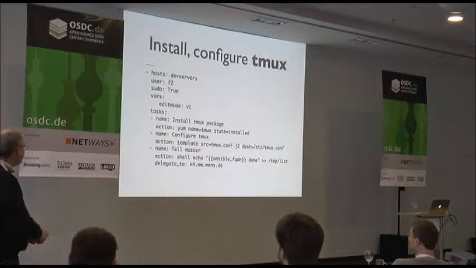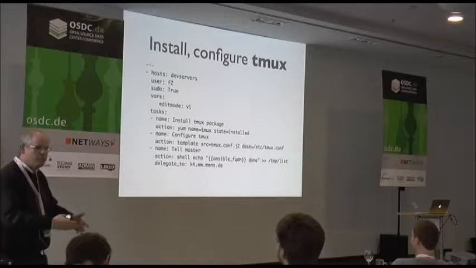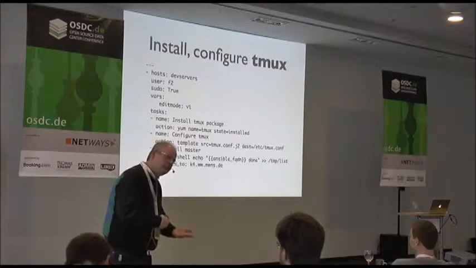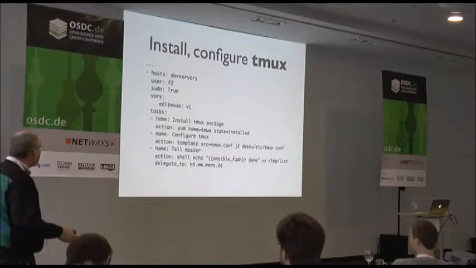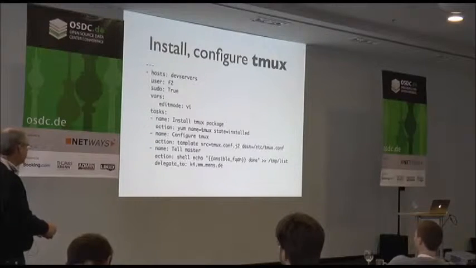And then we have actions. An action consists of a module name and arguments to that module. So the module is called yum, name is tmux, that's the name of the package. The state is installed, or state is removed, to remove a package if it exists, or state is latest: yum should check whether there's an update for it, and if so, implement it, etc. Then we have an action template with a source file and a destination file. We'll talk about this template in a second.